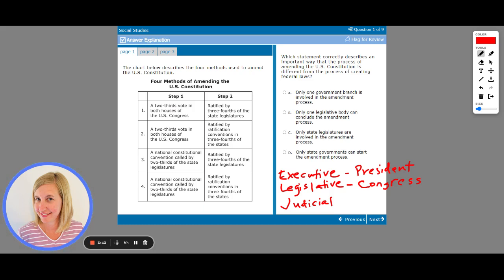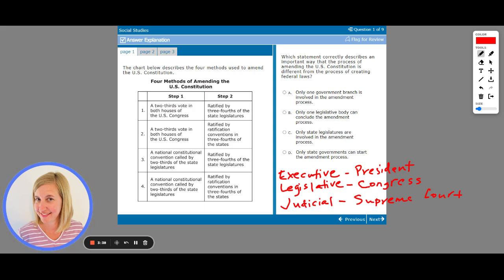So that leaves us with judicial, which is the judges. You can kind of see how judicial has the word judge in there, comes from the same root, and that is the Supreme Court. And all the lower courts as well. But when we think of the highest judicial body, we think of the Supreme Court. So we've got the President, Congress, and the Supreme Court.